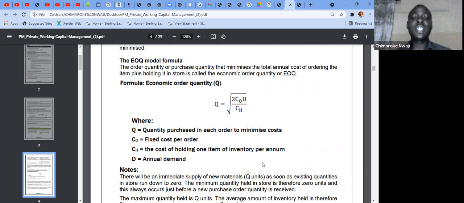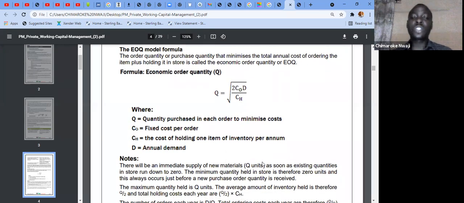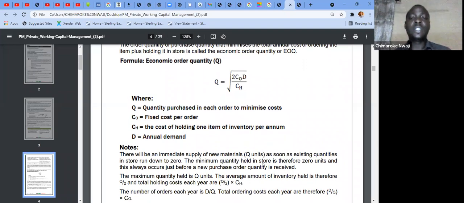CH is the cost of holding an item of inventory per annum, and D is the annual demand. Just know also that in your EOQ formula, your total ordering cost must be equal to your holding cost for it to be minimum.